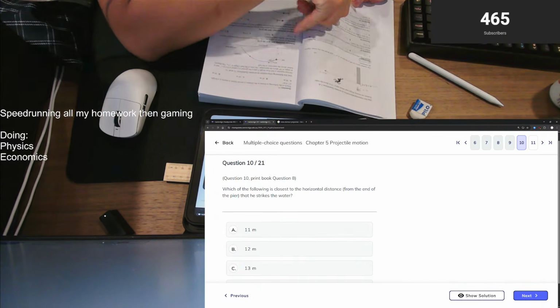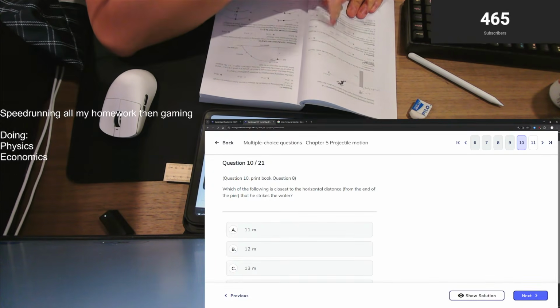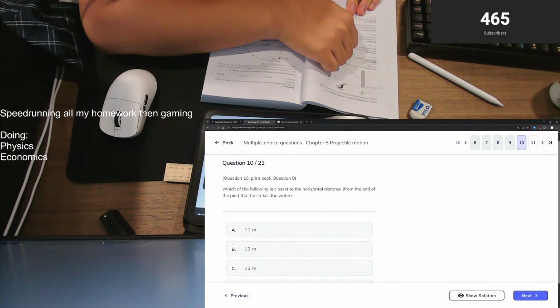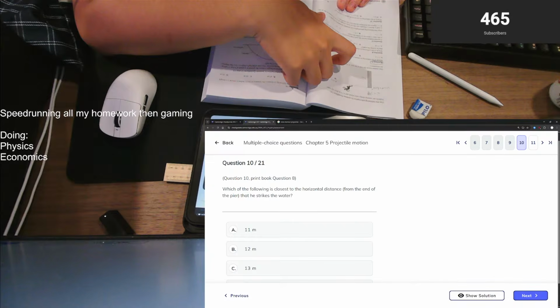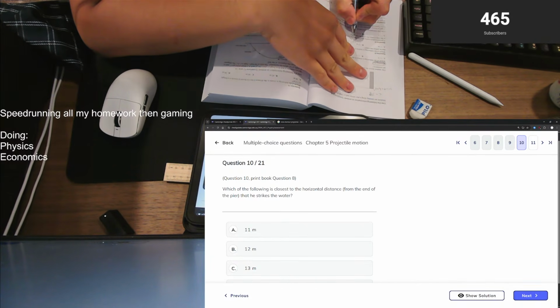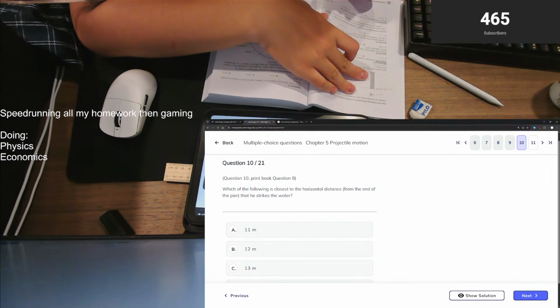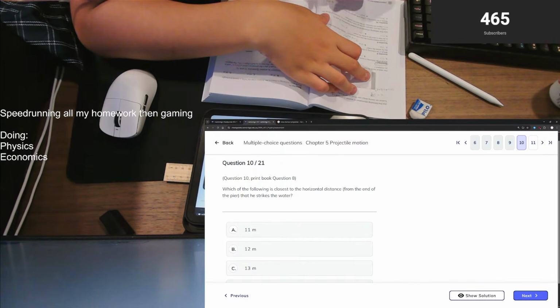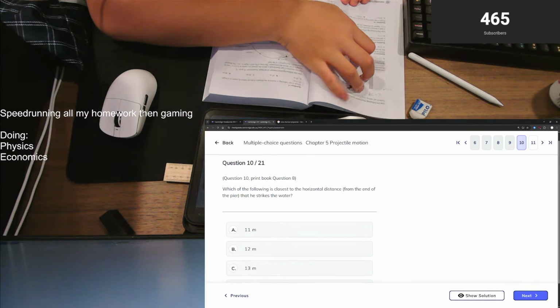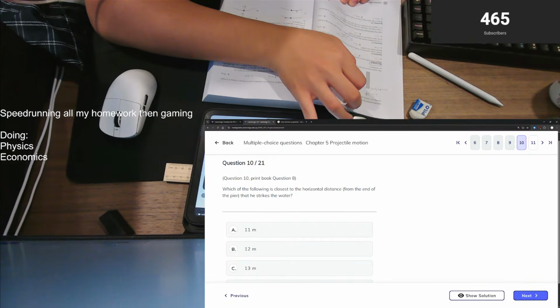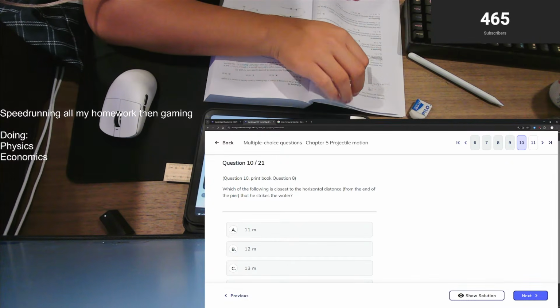What sign? Sine 2 theta? What 2 theta? Where is the angle?